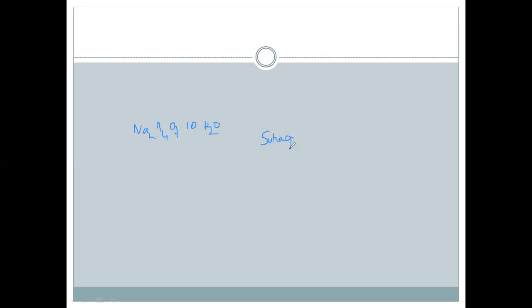Suhaga, also known as Tincal. And remember, orthoboric acid, when neutralized with sodium carbonate, will give the borax.